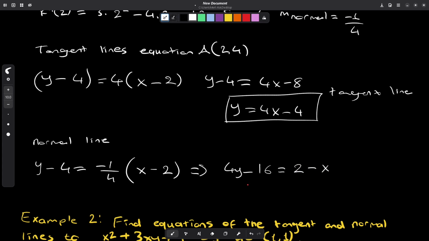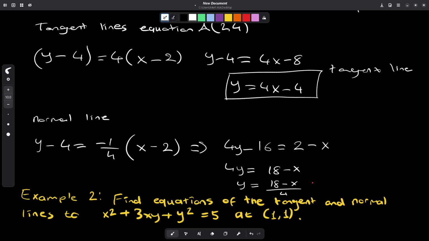Let's leave the y alone again. 4y is equal to 18 minus x. Y is equal to 18 minus x over 4.